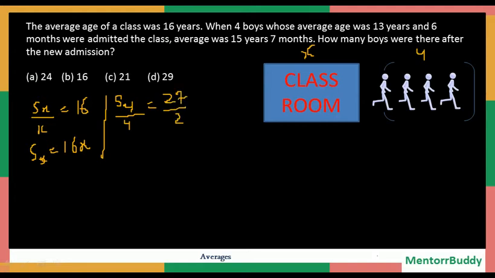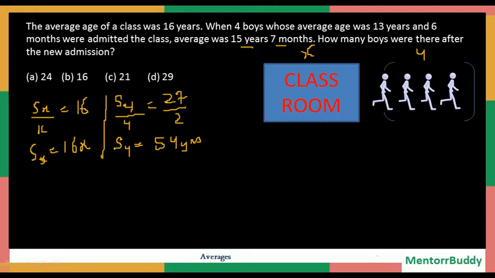The summation of those 4 boys is equal to 54 years. So the age of the 4 boys who were newly added will be equal to 54 years.